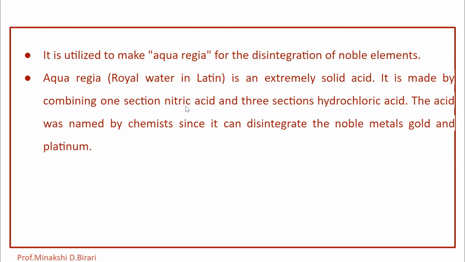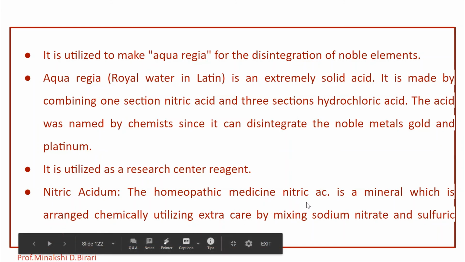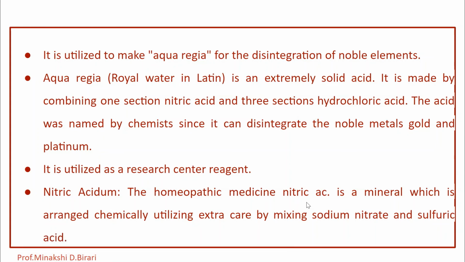So we should remember the combination, one part of nitric acid and 3 parts of hydrochloric acid. Nitric acid is used as a laboratory reagent. Nitric acidum, the homeopathic medicine of nitric acid. It is a mineral which is prepared chemically using extra care by mixing sodium nitrate and sulfuric acid. So these are also the uses of nitric acid.